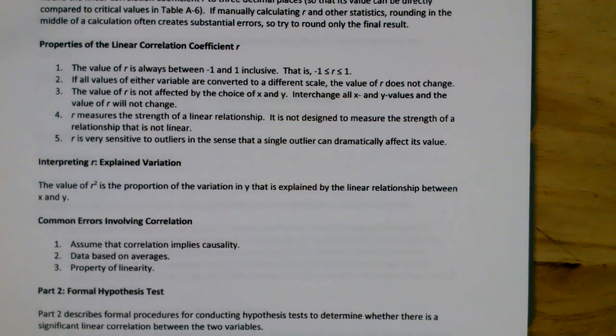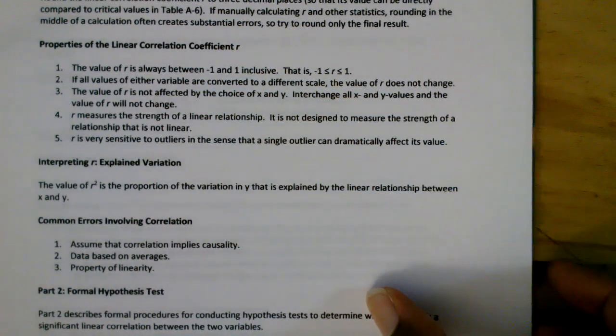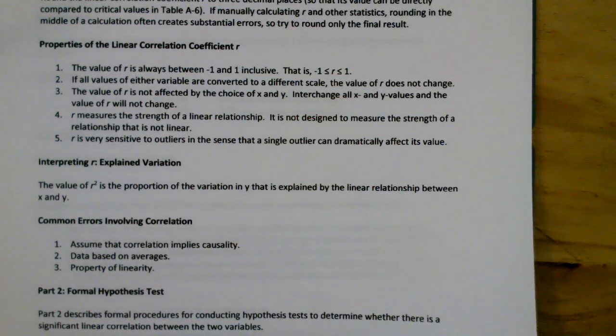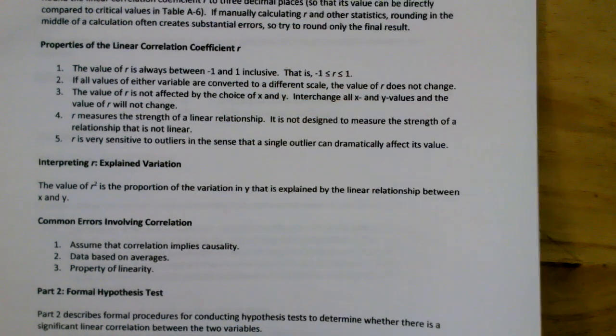Like smoking and lung cancer, we can't say that smoking causes lung cancer. Number two, data based on averages is another common error. And of course, the property of linearity is also another common error. So you want to avoid these errors if at all possible.